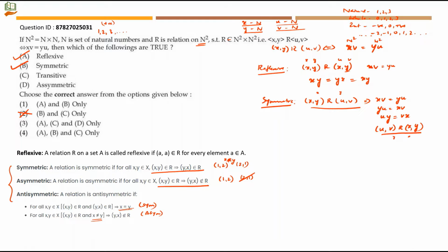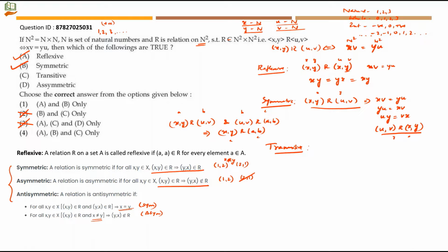So we can mark B to be true. So A, B are included. We have to check for C to find whether it is option number 1 or option number 4. So option 3 can also be ruled out. So let's check for transitivity. Say, if (x, y) relation (u, v) and (u, v) relation (a, b), which implies that (x, y) relation (a, b). So this is like if (a, b) and (b, c), then it is (a, c). Now we have to prove this.